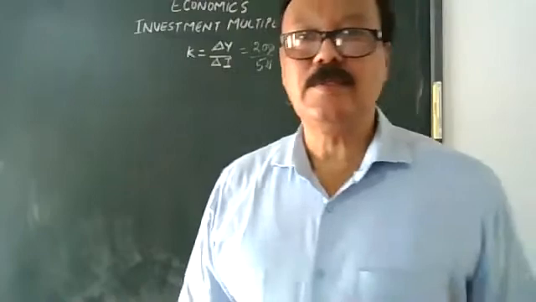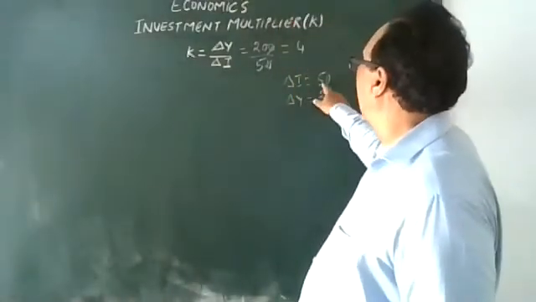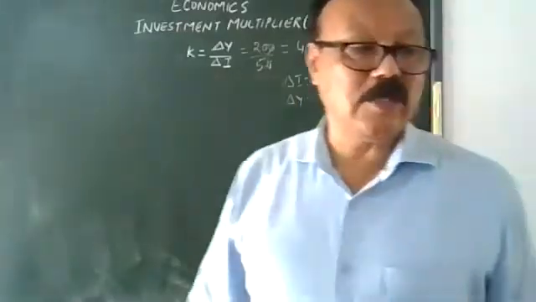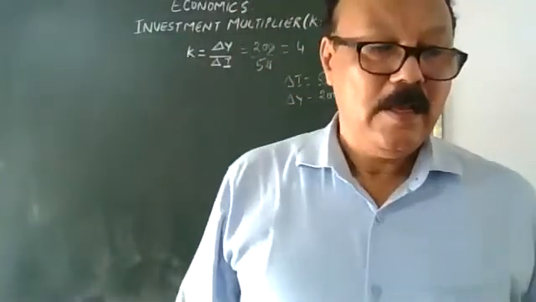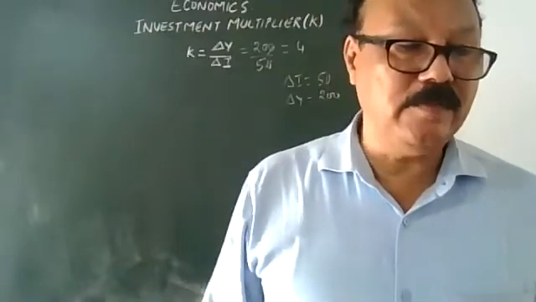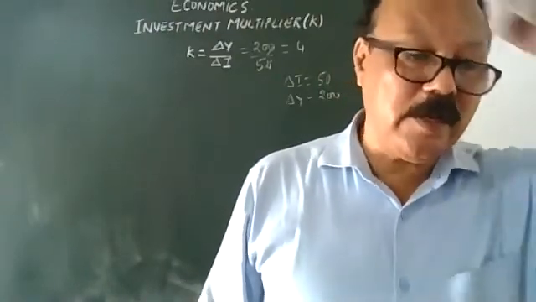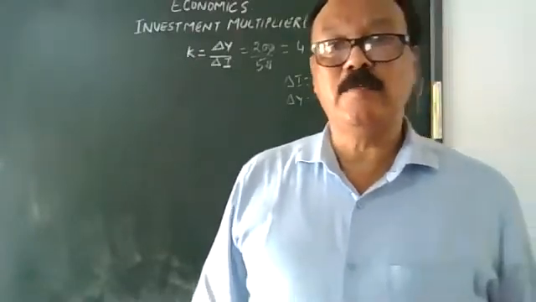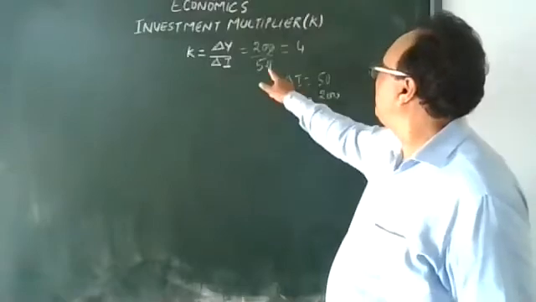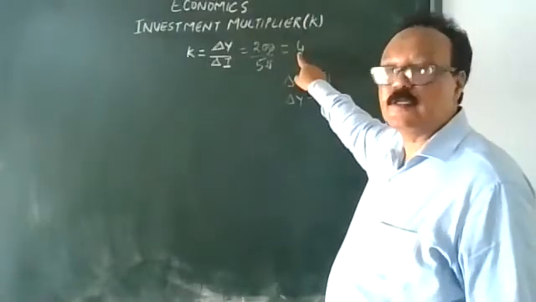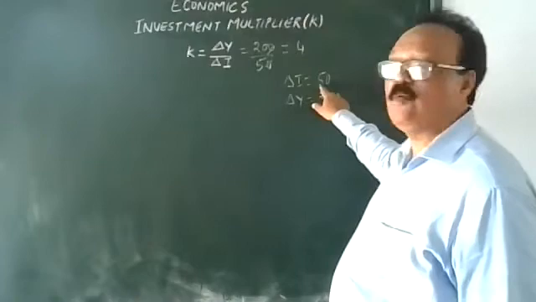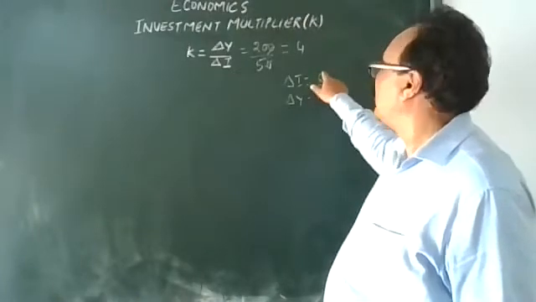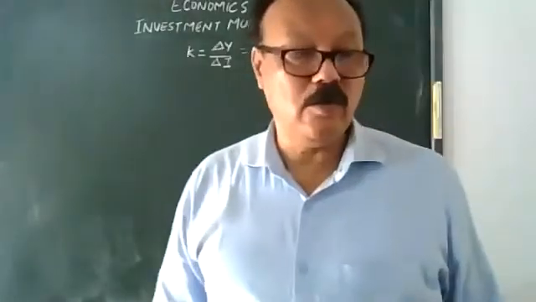How many times? The national income will increase 4 times. The multiplier explains how many times the national income will increase as a result of an increase in the investment. So as for the example, 4 times it will increase. When the investment was 50, your national income will increase 4 times. 50 into 4, 200 crores.